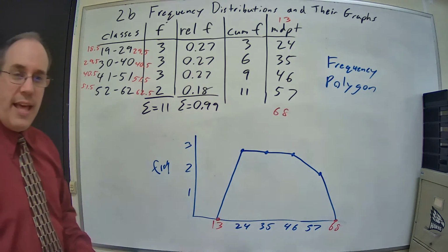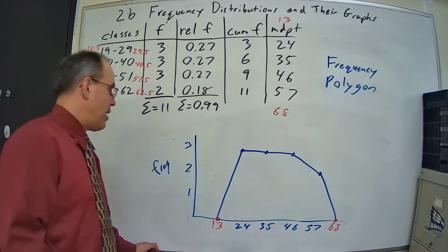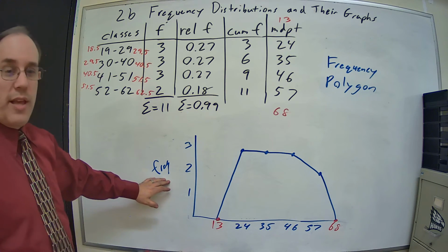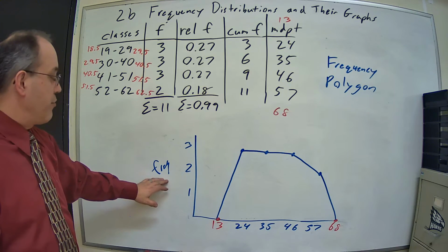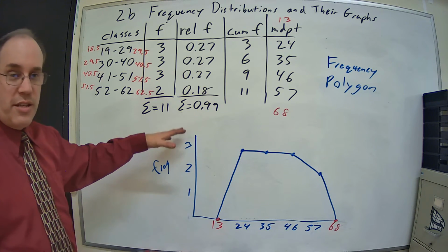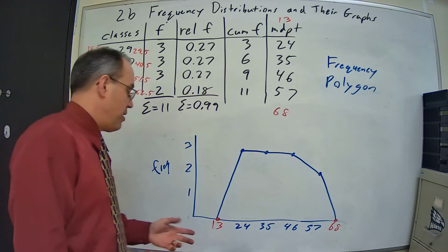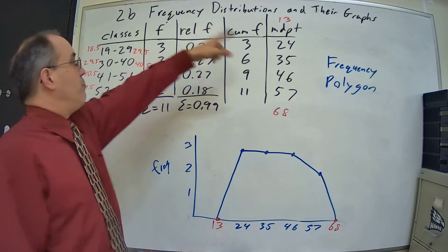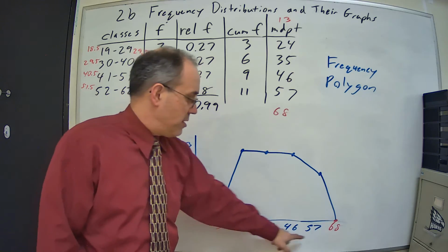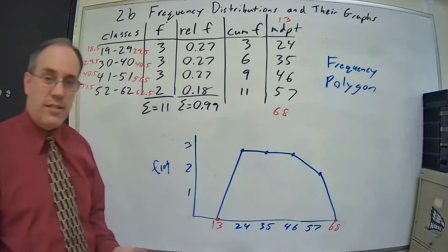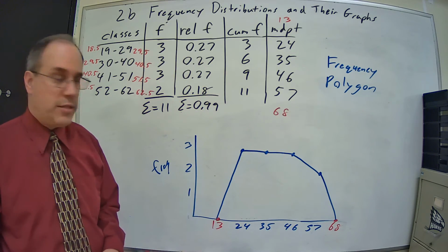So how did we get that again? Well, we started out, first of all, we labeled our y-axis as being frequency and number and consistent indices to make sure we could fit our frequencies. Then we took our midpoints and put them on the x-axis. Always has to be the midpoints.